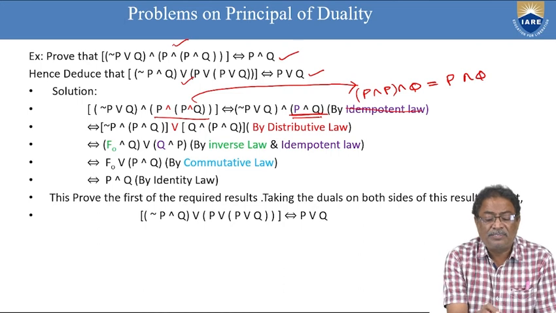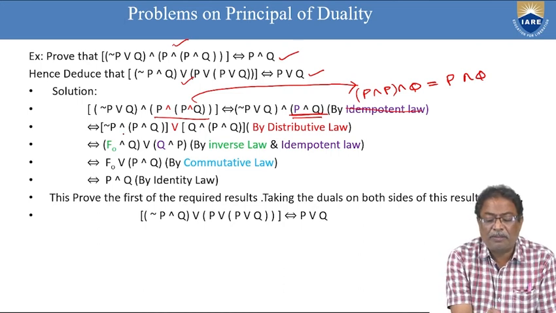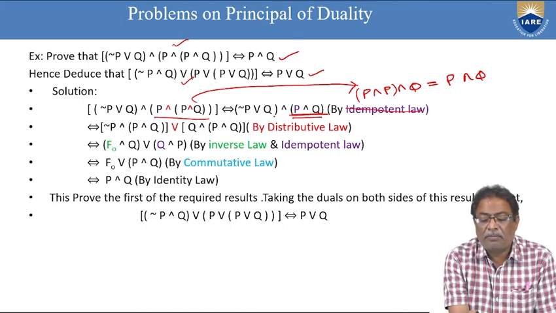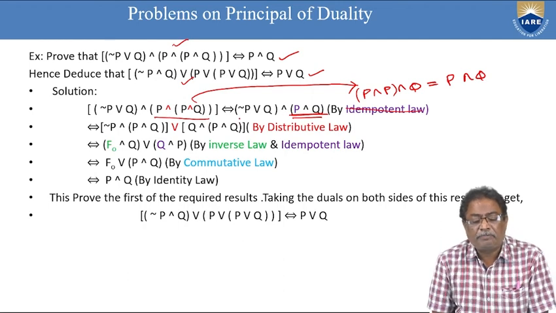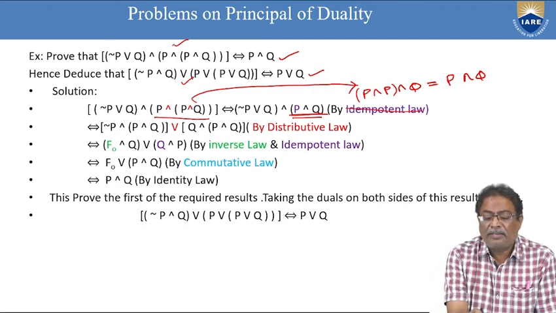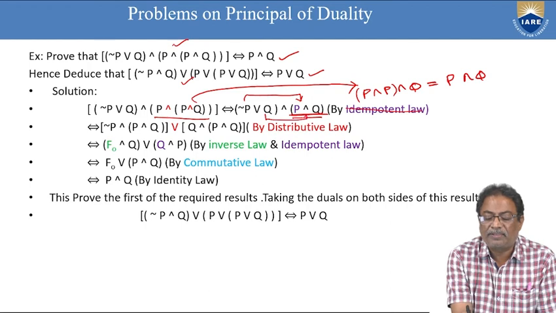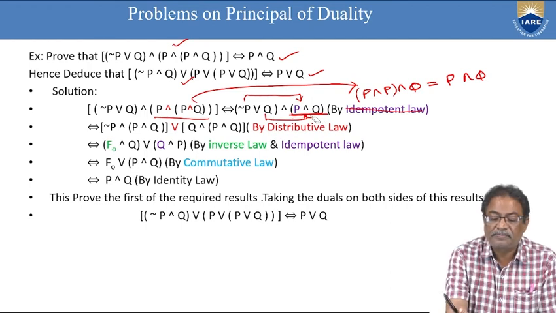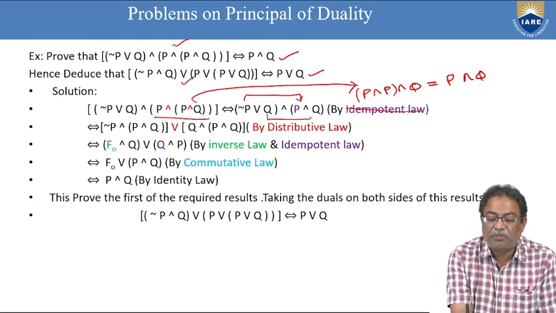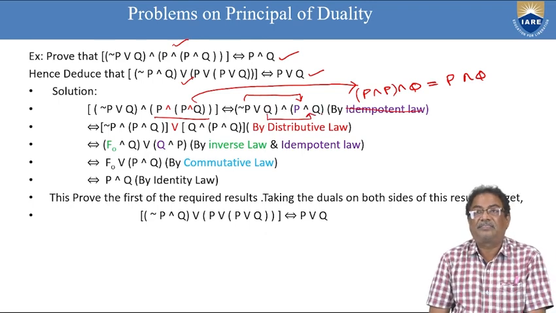So after that, once again the same thing, P OR P and Q. This we are just taking, applying distributive property. So first I am going to apply on this, after that I am going to apply on this. First apply distributive property on this, afterwards this.